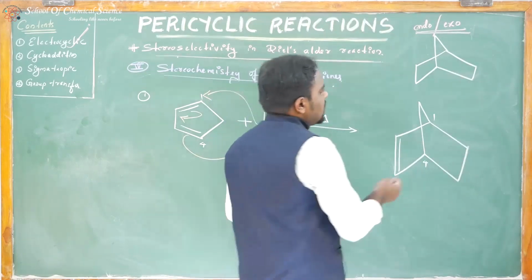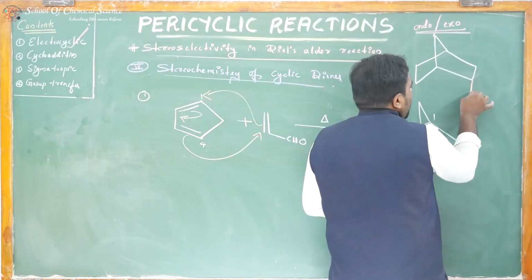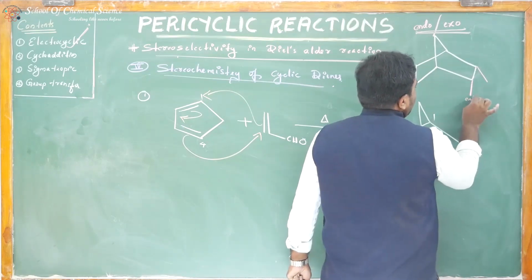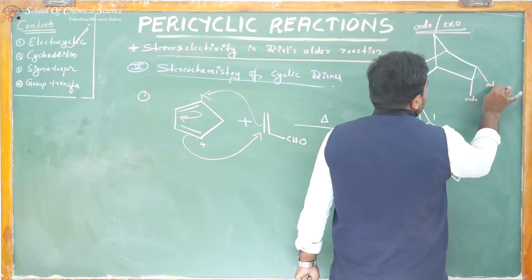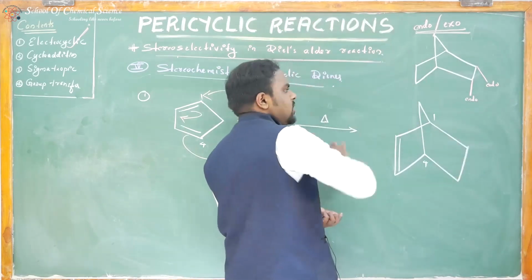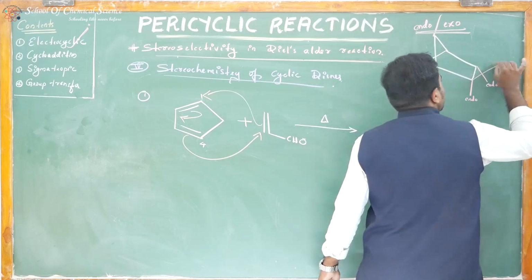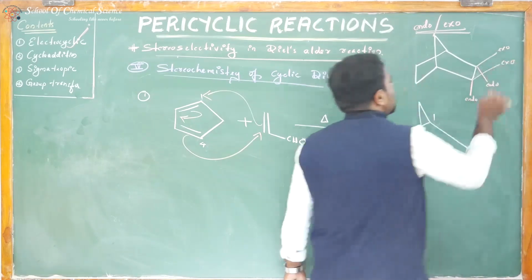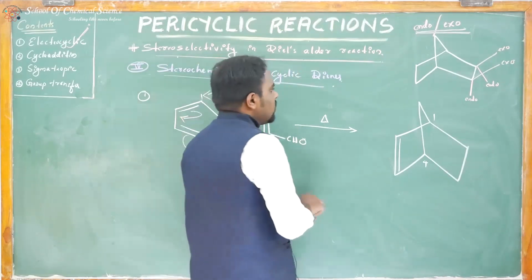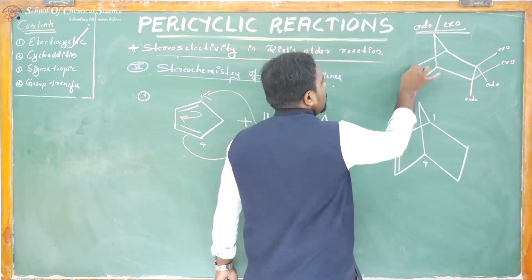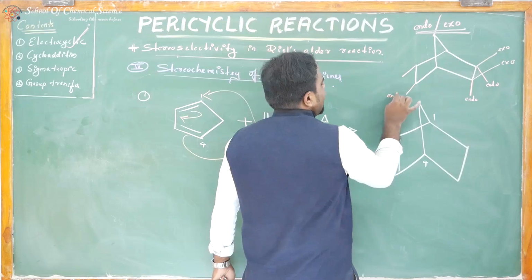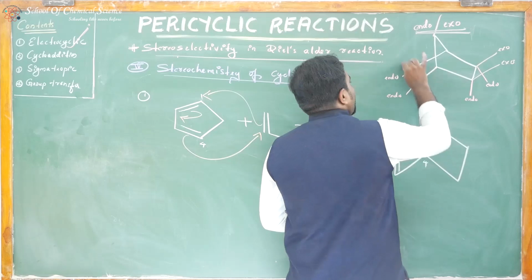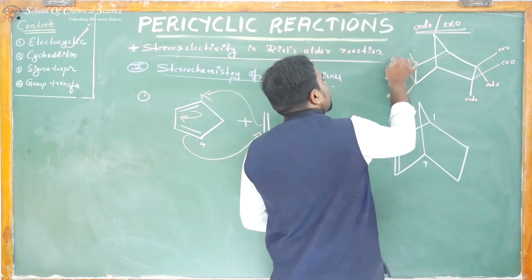Those substituents below are called endo, and those substituents above are called exo.